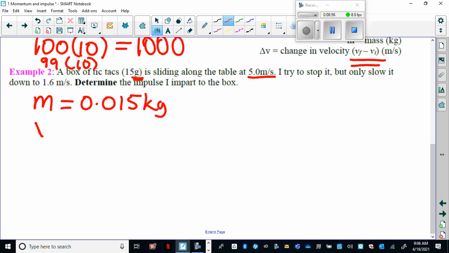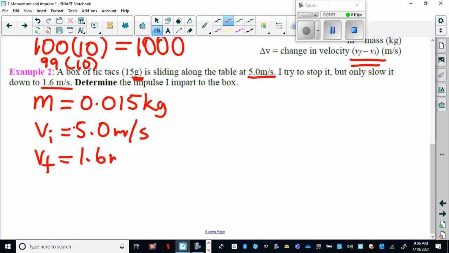The initial velocity is 5.0 meters per second. I try to stop it, but only slow it, so the final velocity is 1.6 meters per second. Determine the impulse I impart, delta P equals question mark.